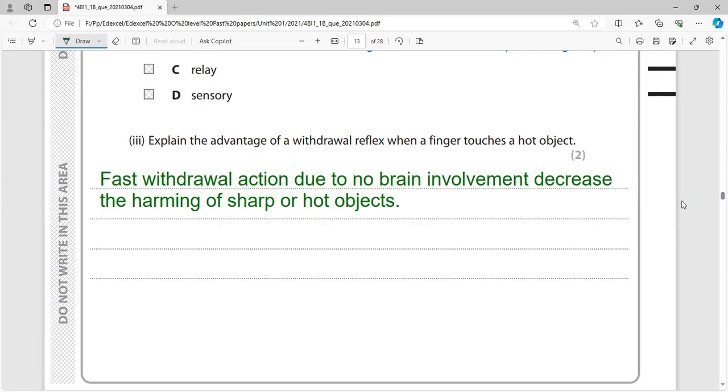This reduces the probability of harm or the impact of the danger. So fast withdrawal action, due to no brain involvement, decreases the harm from a sharp or hot object. These are the two keywords here.